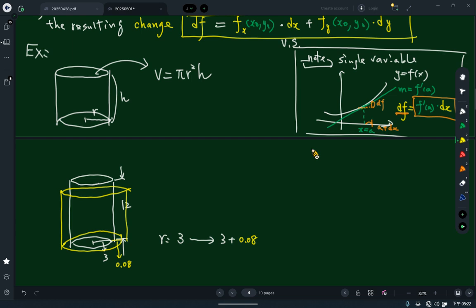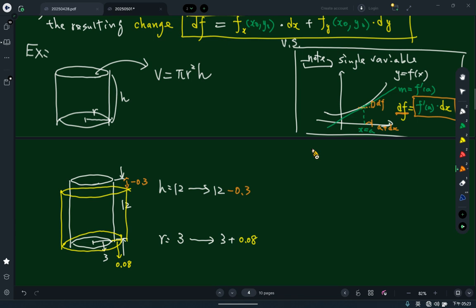We reduce it by 0.3. The original height is 12, but the height will go from 12 to 12 minus 0.3.